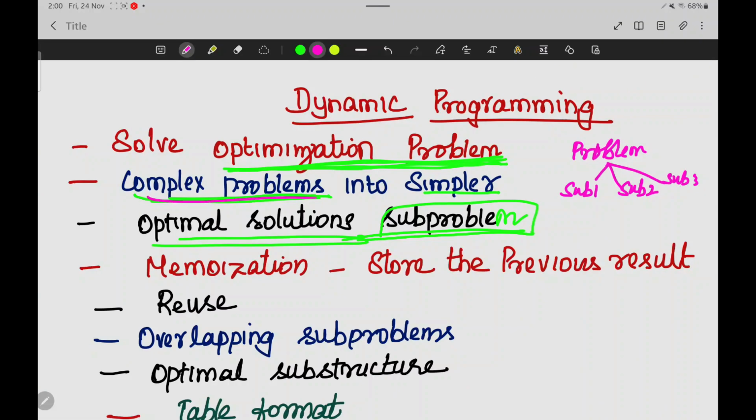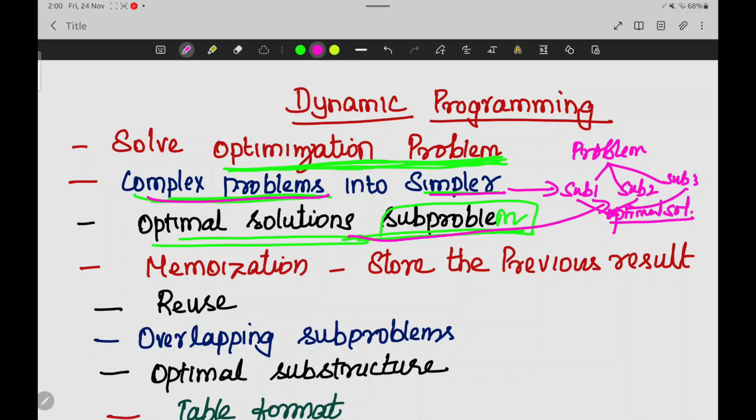Among these sub-problems we are able to find the optimal solution.